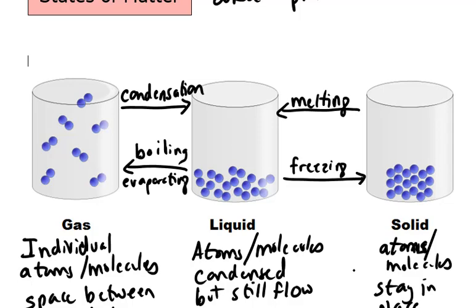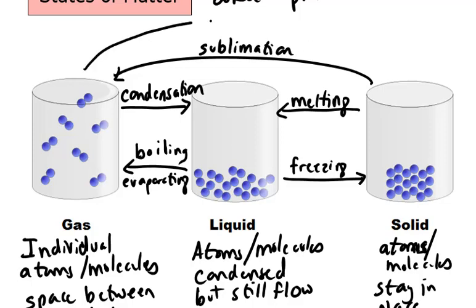Now, in some cases, you can go directly from a solid to a gas without going through the liquid phase. If you're familiar with using dry ice, that's an example of that. It's solid carbon dioxide, and it becomes gas phase carbon dioxide without ever being a liquid. That process is known as sublimation.